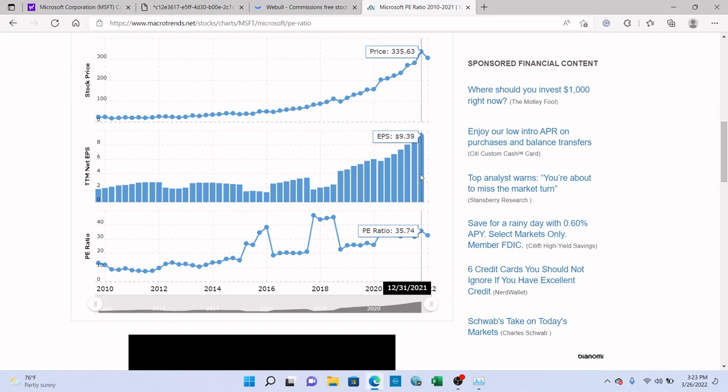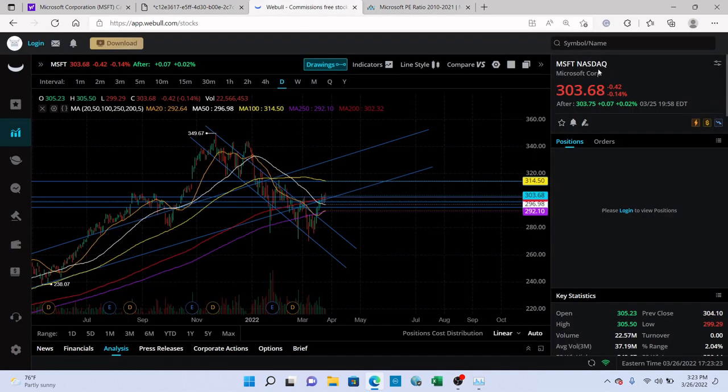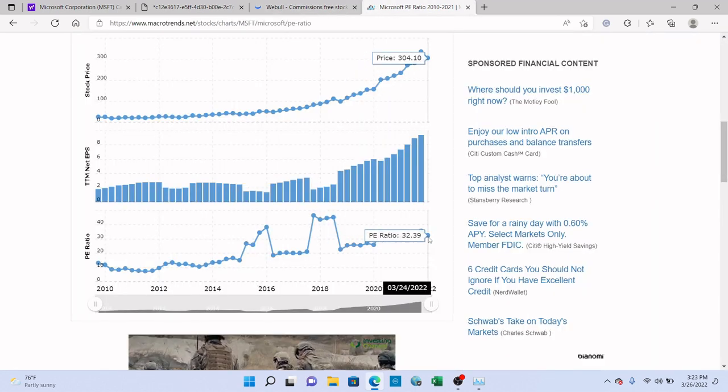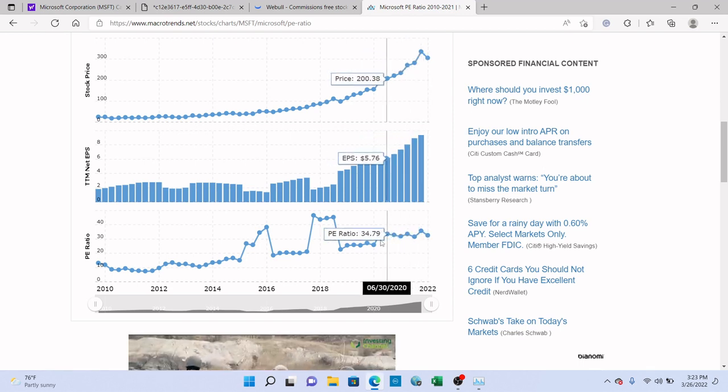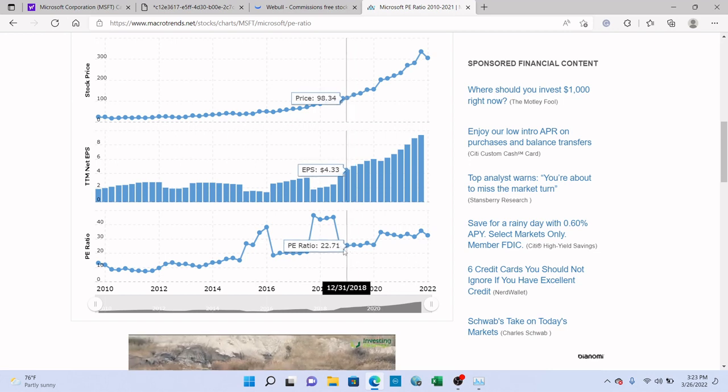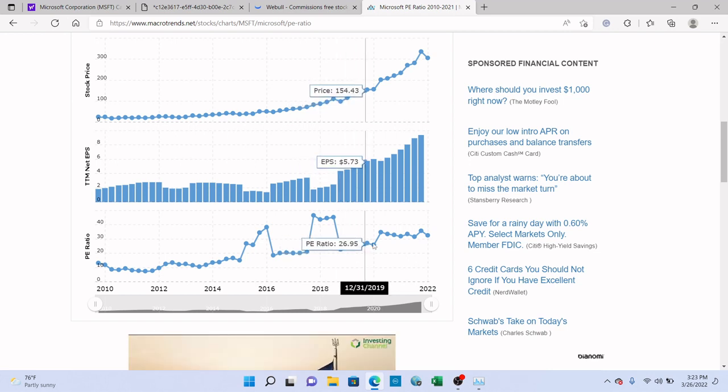So currently at this point in time, based off a price of 304.10, which isn't too far from where it is now, it's showing that Microsoft has a PE ratio of 32.39. Now, when we're looking at this historically, this could be considered a little bit high because back here in 2019, we were seeing PEs of around 20 to 25. So 32.